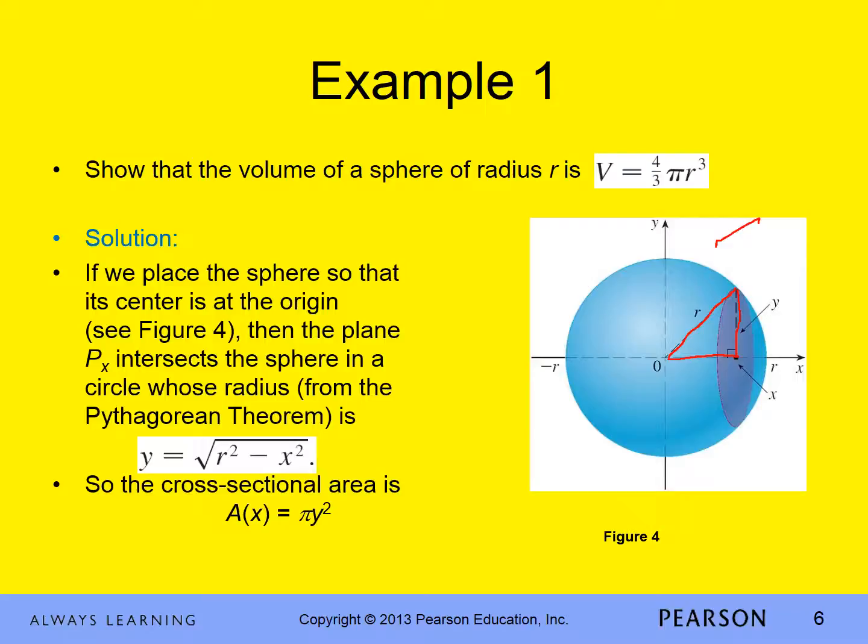The cross-sectional area, the area of that purple circle, is pi y squared, right? Because the area of a circle is pi r squared.